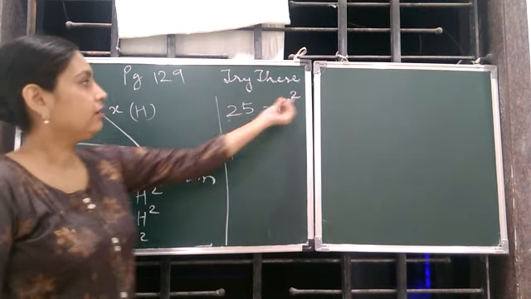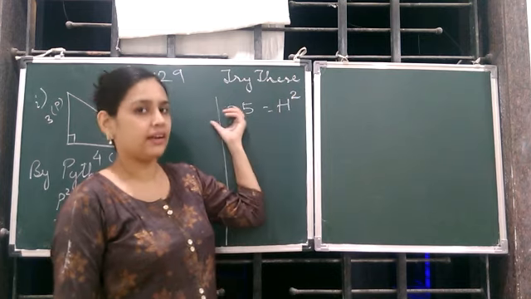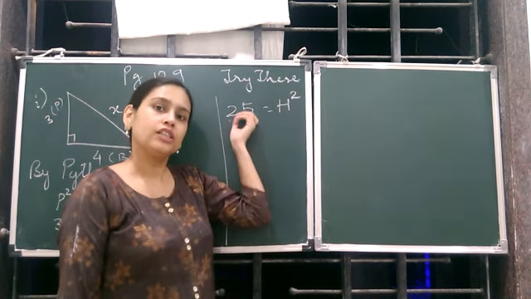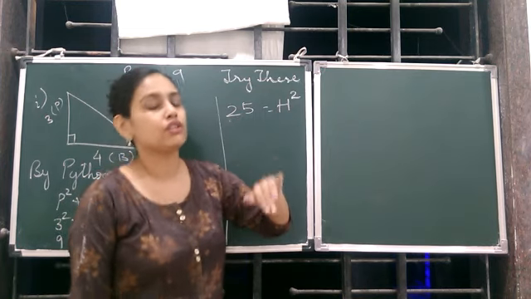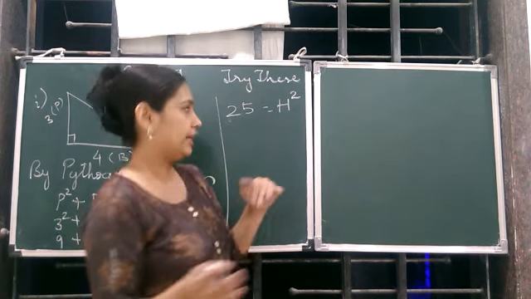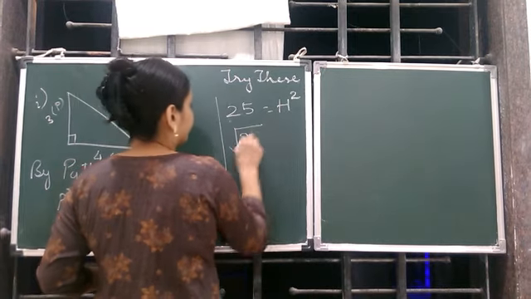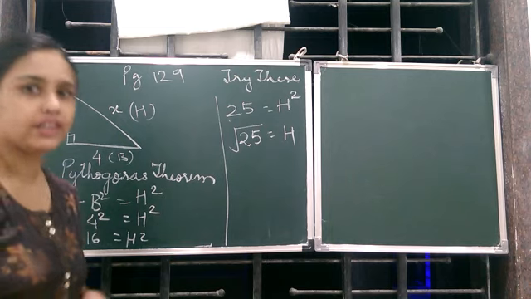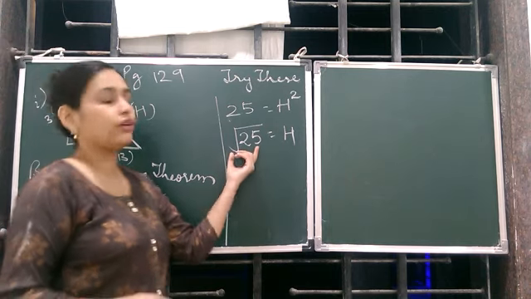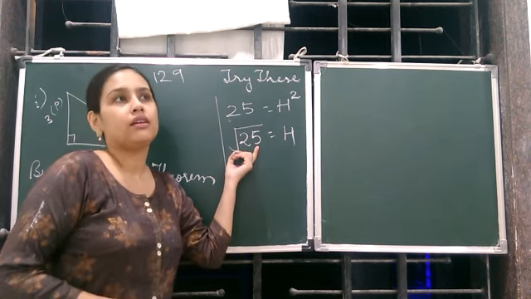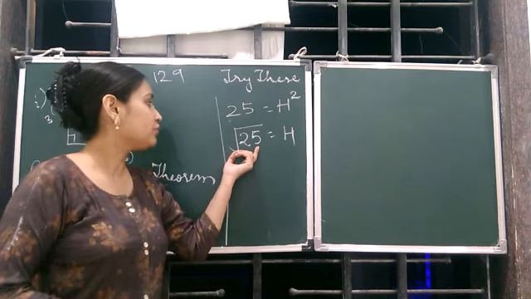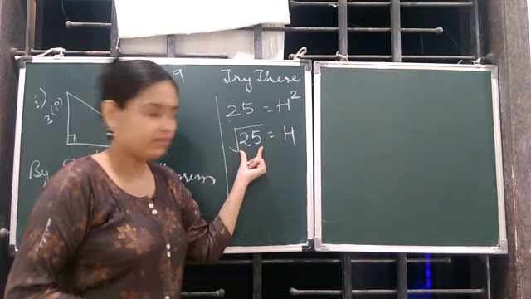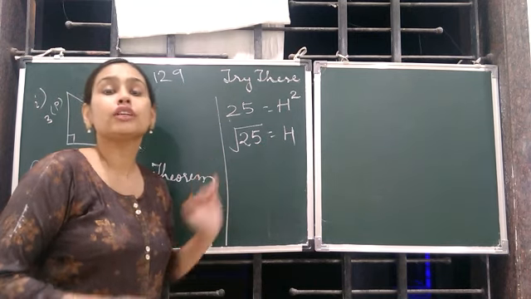Now this square will change its side and it will become a square root when it goes from LHS to RHS. Now I don't know whether you have studied square root in your last year's syllabus, but I would like to tell you, in a square root the number which comes out has to come in a pair.